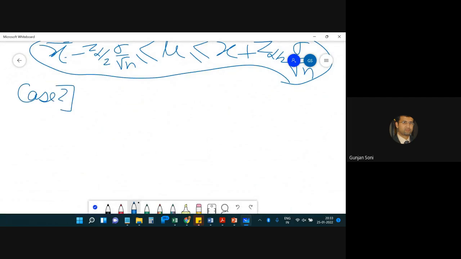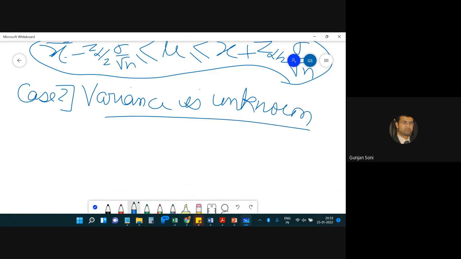when variance is unknown. When the variance of the population is unknown, we can't use a normal distribution. So we have to take a sample and find out the mean and the sample standard deviation from that.